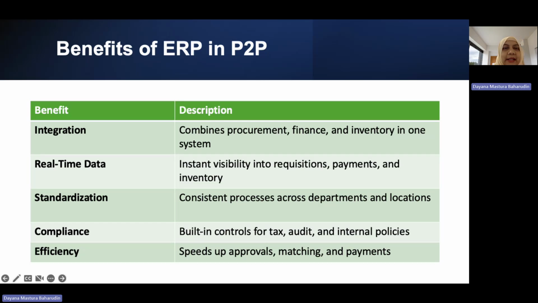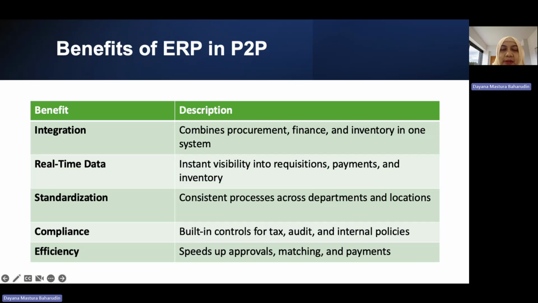But for small companies, if they can invest in ERP, then it's really good because it's like a one-stop platform. It integrates all the departments into one system. So as you can see here, benefit number one is integration, where it combines procurement, finance, and inventory into one system. Real-time data: instant visibility into requisitions, payments, and inventory.